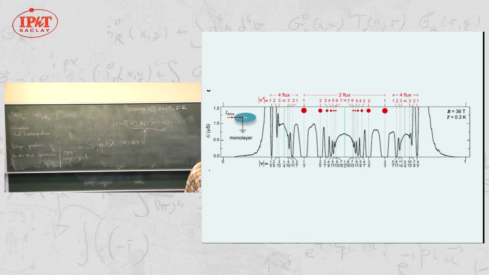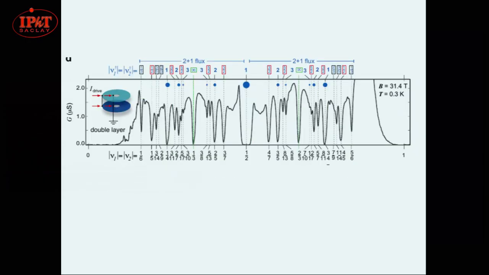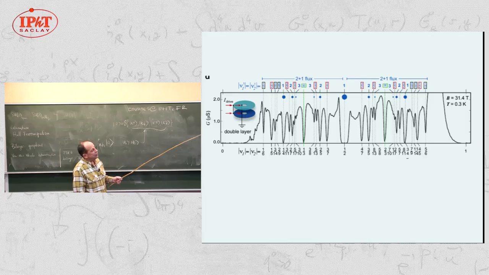So this has been recently studied in the case of graphene, and that's the result of the measurement. So it's also the conductance, it's also the same Corbino type geometry in which you normally have access to a very nice measurement of the conductance.